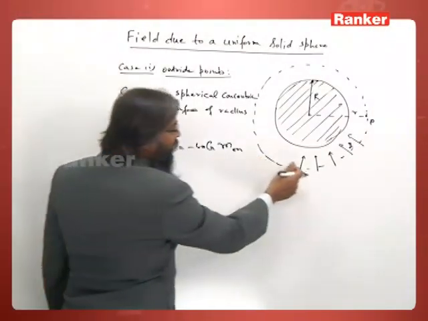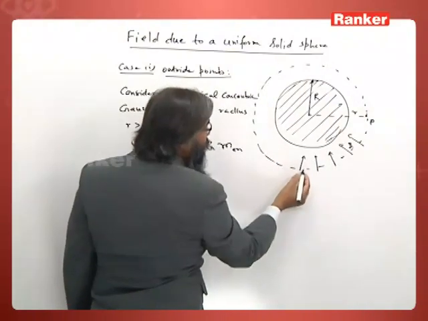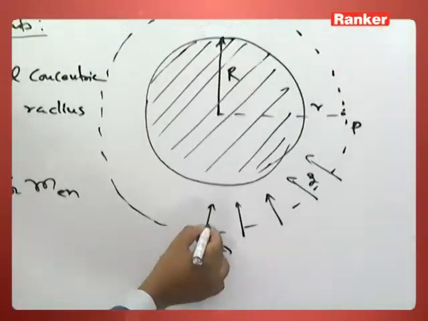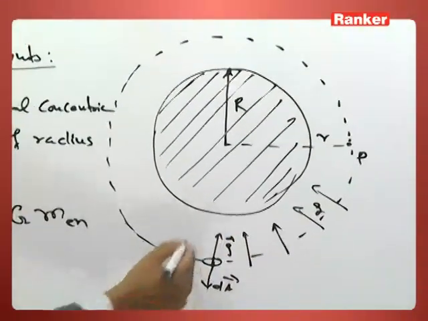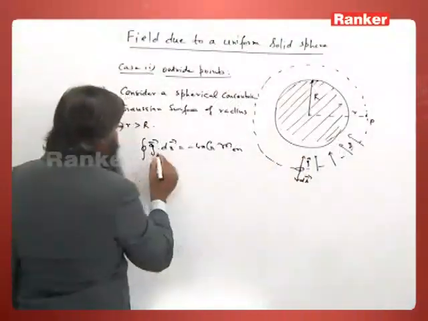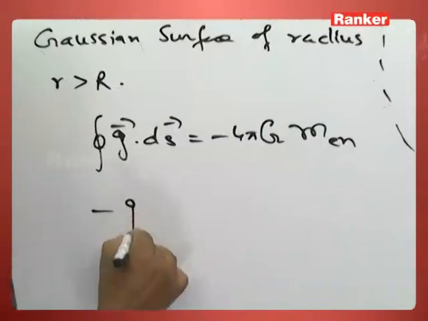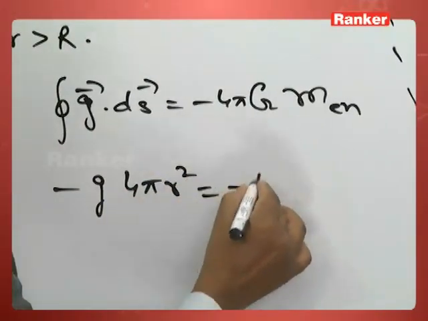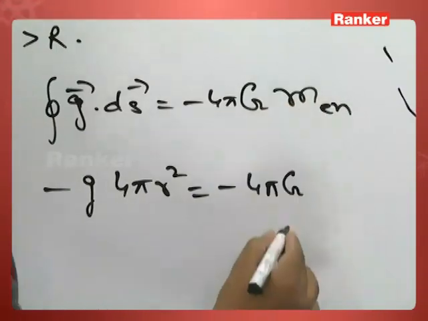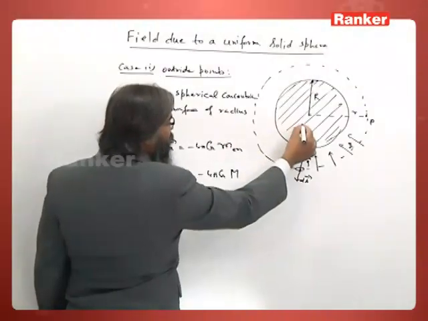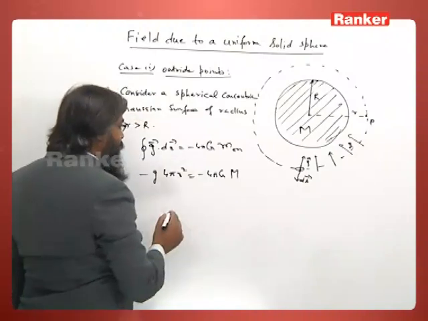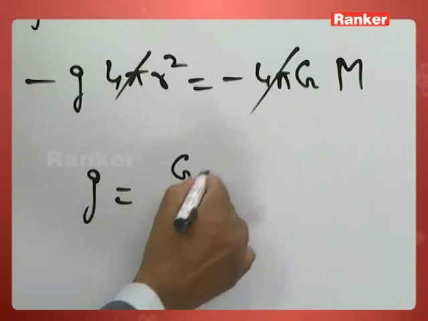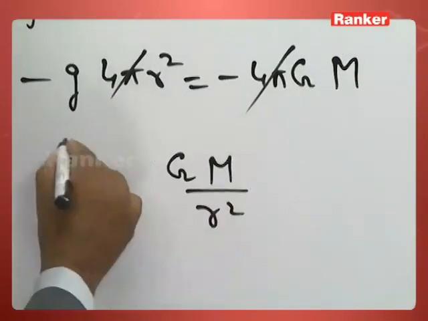G is everywhere constant, and the area vector dA is here and the G vector is here, so if I take the dot product, there will be a minus sign. So, minus G comes outside, 4 pi r square, equals minus 4 pi G times the mass enclosed, which is the total mass M. Suppose this has a total mass M. So, 4 pi cancels, and G becomes G M by r square.